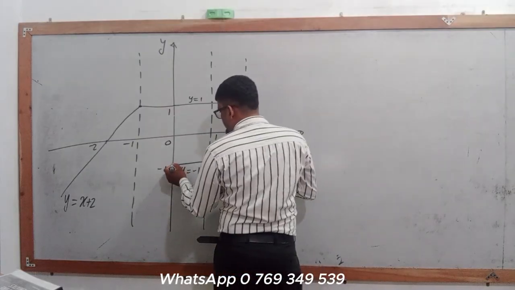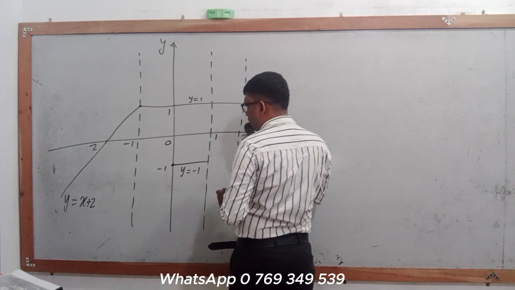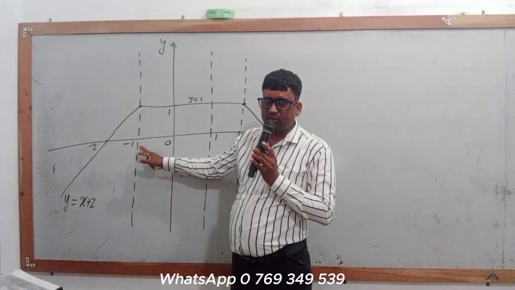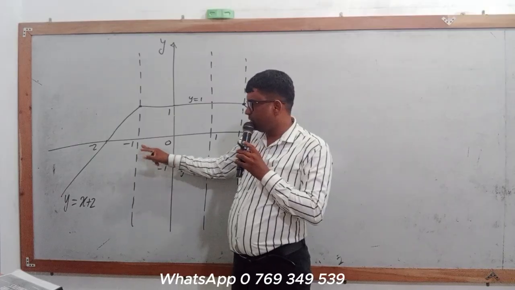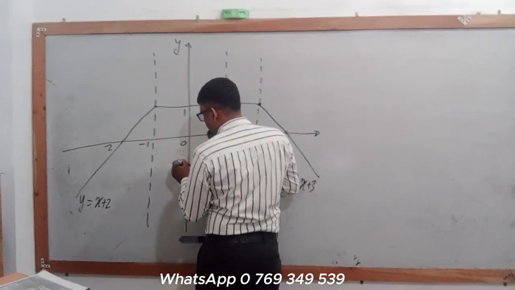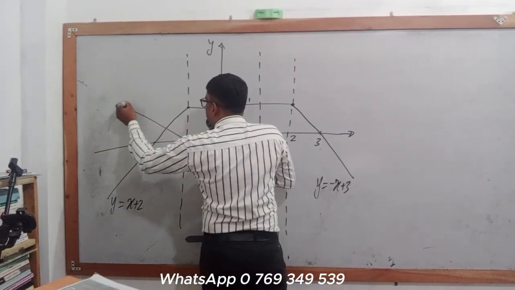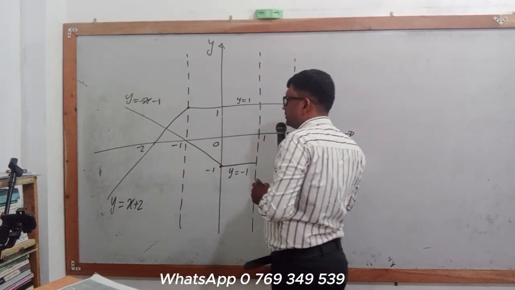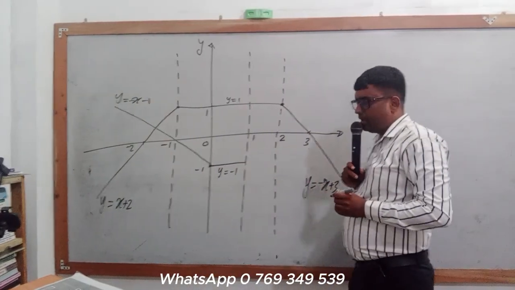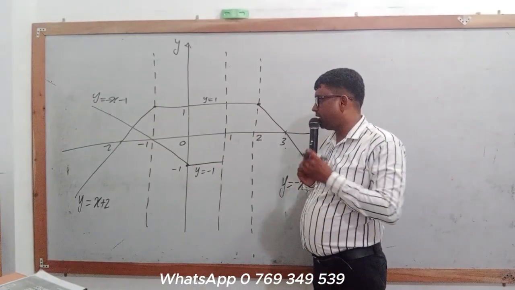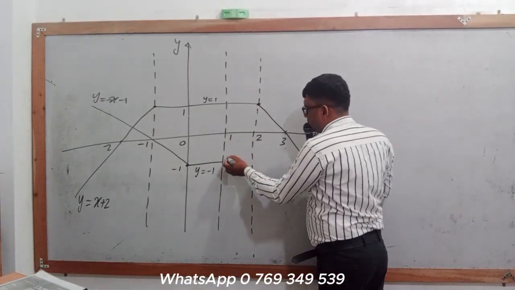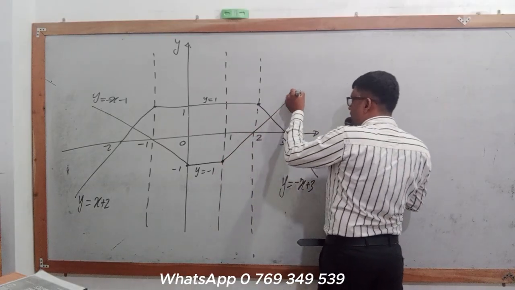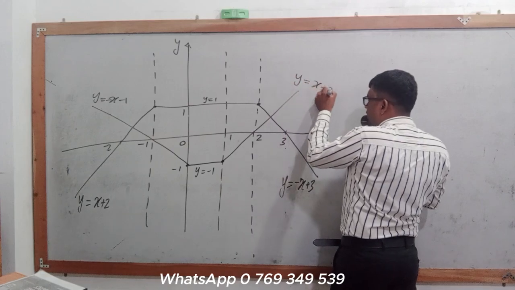Then you put minus 1 for x, that should be 0, and that goes like this. This is y equals minus x minus 1. And next one, x minus 2. You take 1 here, minus 1, therefore this goes here. You take 2, that is 0, and that goes like this. This is y equals x minus 2.